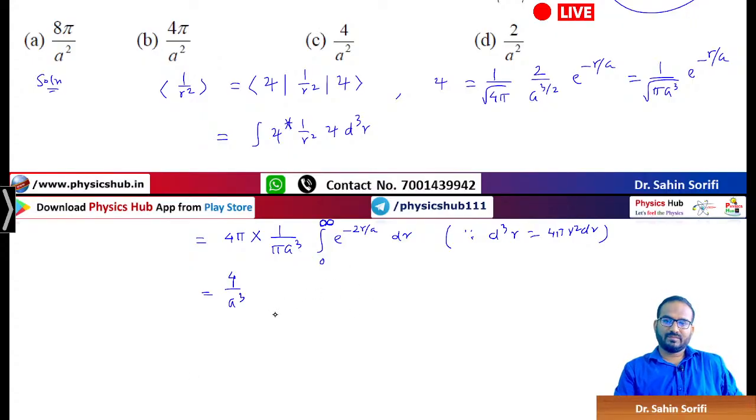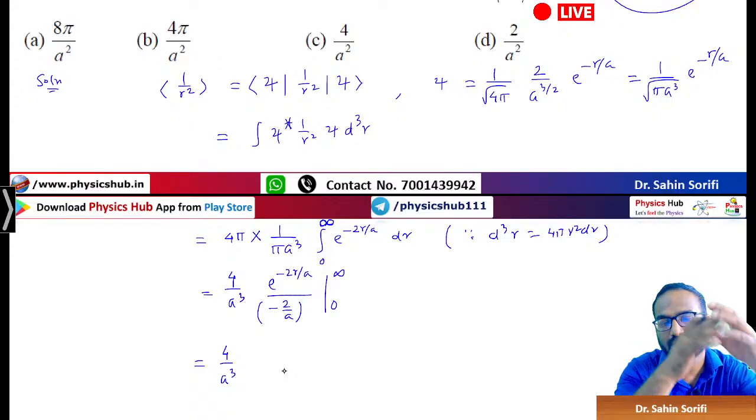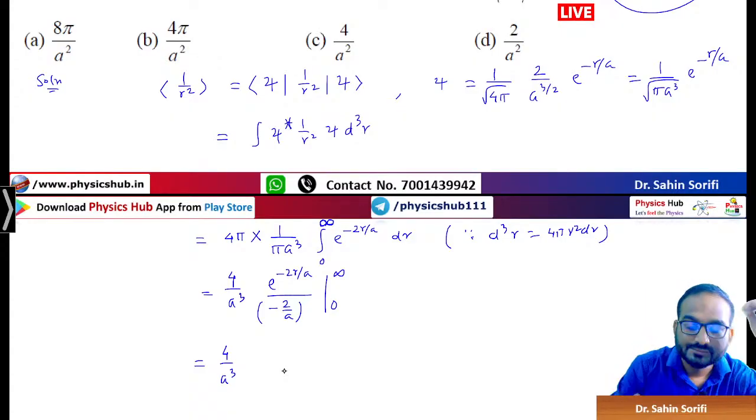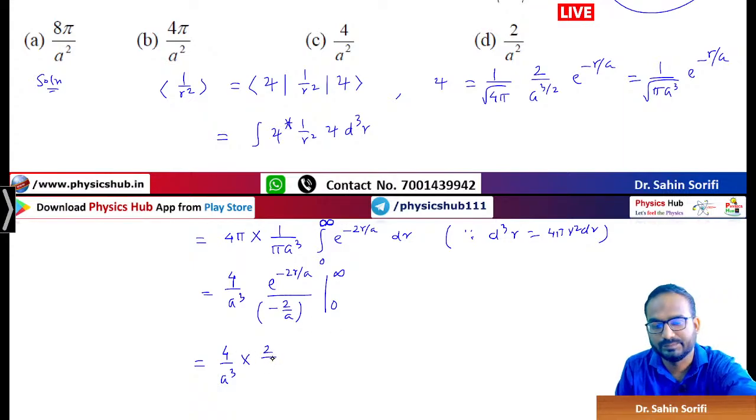So e to the power minus 2r by a dr, what is the value? E to the power minus 2r by a divided by minus 2 by a, limit goes from 0 to infinity. 4 by a cube, if you put r equals infinity, e to the power minus infinity is 0, and if you put 0, minus plus, so 2 by a means a by 2.